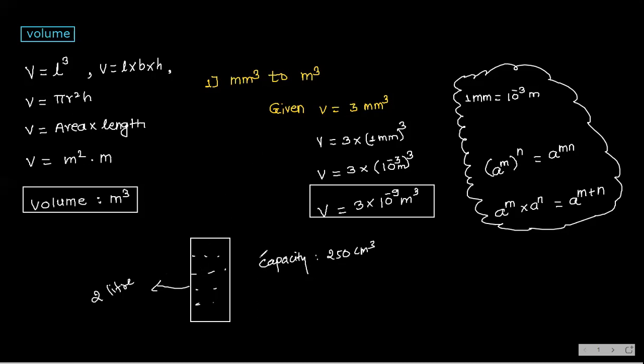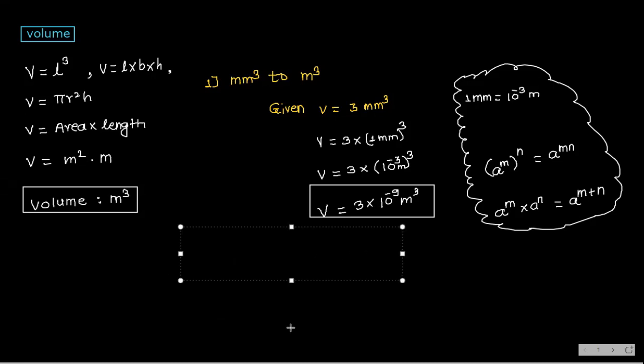If any box is there and you want to keep weight, then you can say weight or mass also. But sir, why do they have two different units?